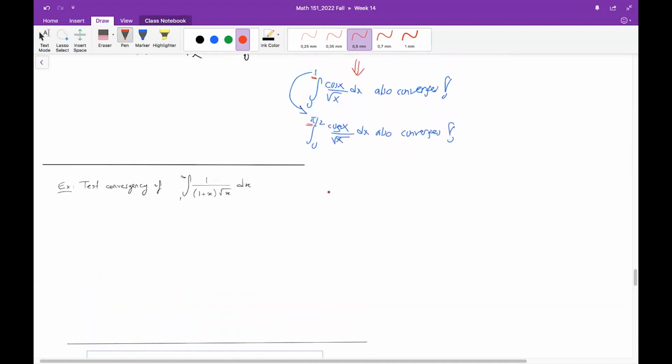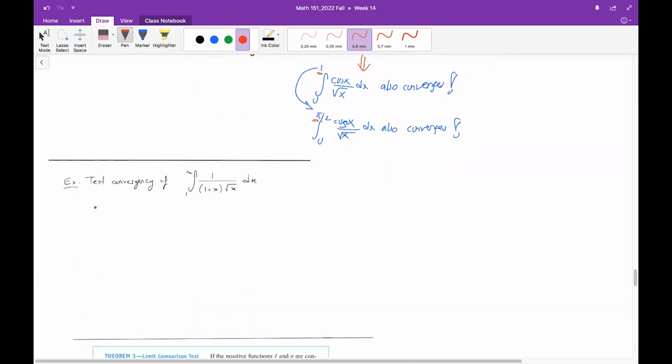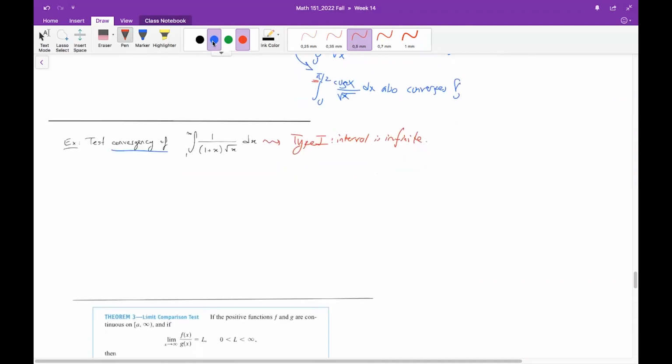Okay, so the last example for this video is this one. We want to understand whether this is a convergent or divergent integral. First of all, just note that it is an improper integral of type 1 because the interval is infinite. Then we will try to find an upper or lower bound for this integral, right?